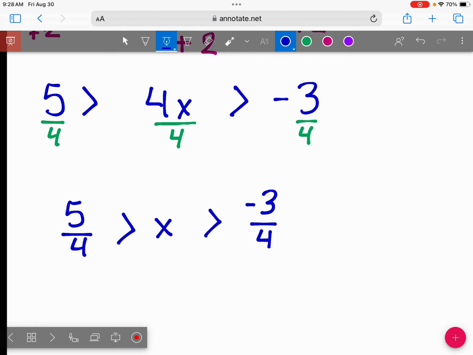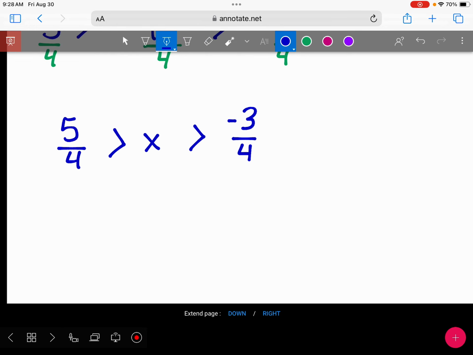But we want to put it in interval notation, which, especially when it's written in this funky, weird way, is kind of hard to see. So sometimes it helps to sketch it on our number line, like we did in that table that we filled in yesterday, where I know negative 3/4 is going to be pretty small, and positive 5/4 is bigger, right?